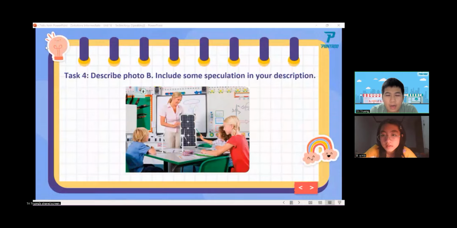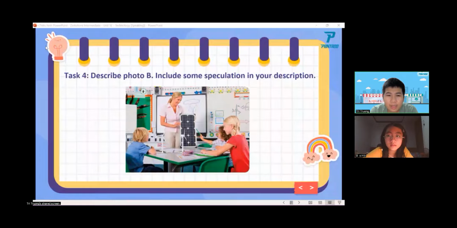So how about the background of the teacher? What can you see on the board? And like a wind fan, I think. As I can see they are drawing about a cloud and raining.